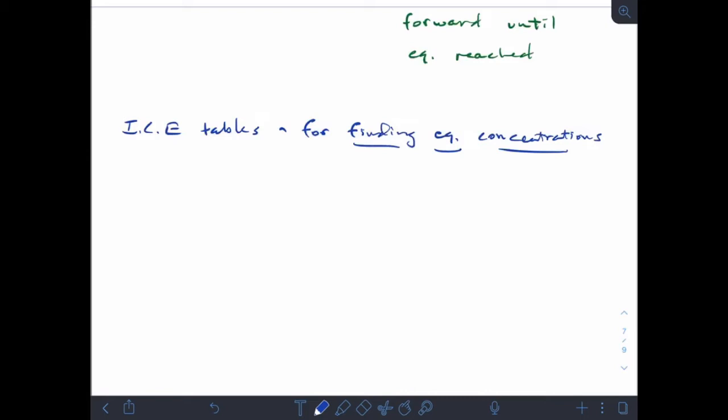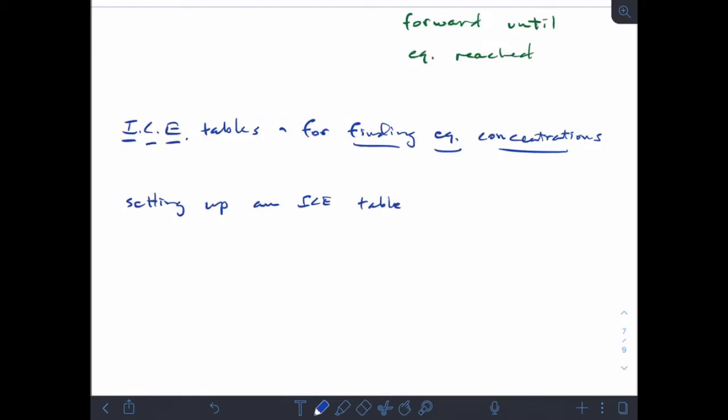Okay, so let's talk about setting up an ice table. And why do we call it ICE? Because ICE stands for initial, change, and equilibrium.